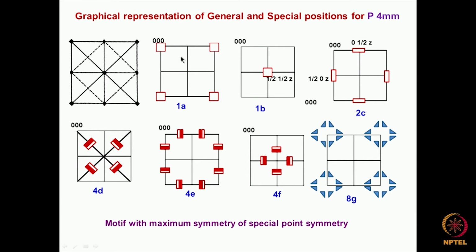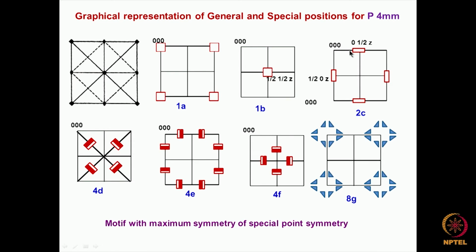If it has a 4-fold symmetry, the motif with which we are trying to generate the crystal can be kept in this position or this position, only these 2 options are there, because at those positions the symmetry is 4 mm. If I keep it at this position or this position, it has a 2 mm symmetry. That means the motif itself should have a 2 mm symmetry associated with it.